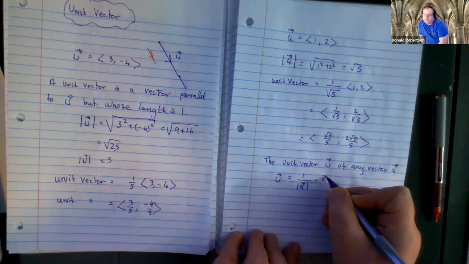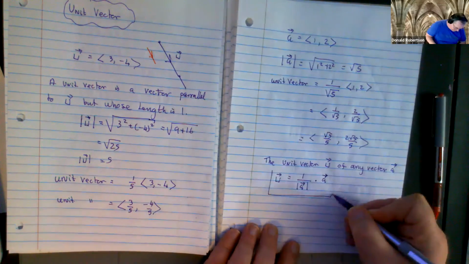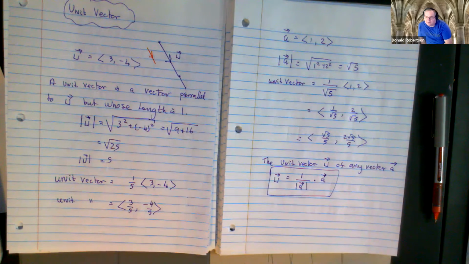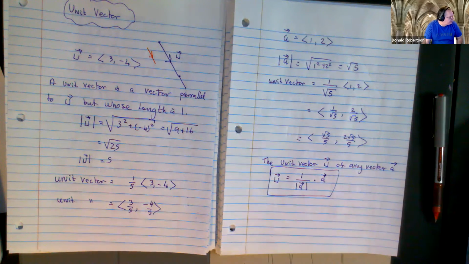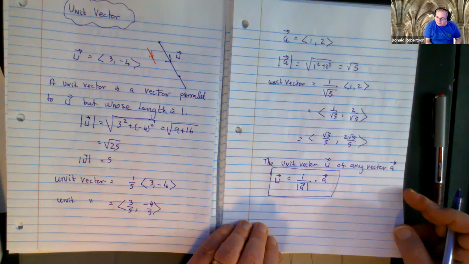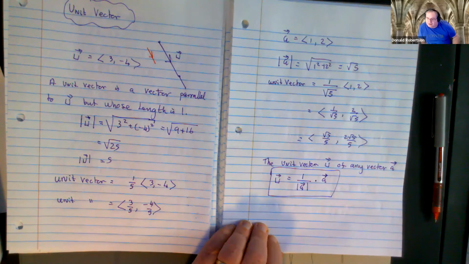And that's essentially what we did. So we now have a little formula for doing it. Any questions? Are we happy about unit vectors now?